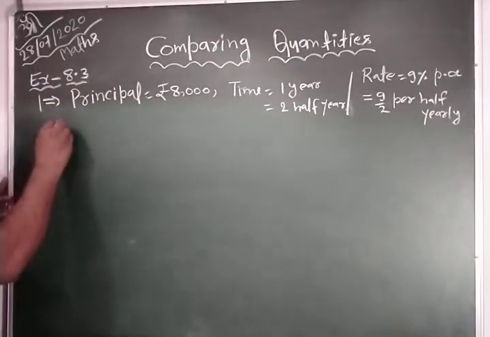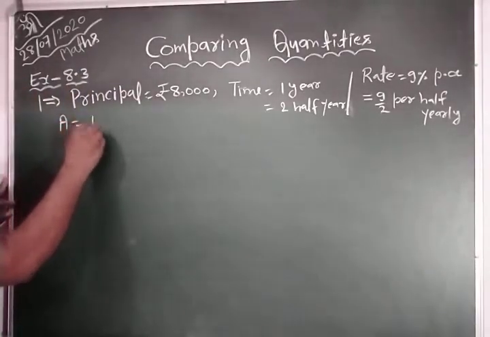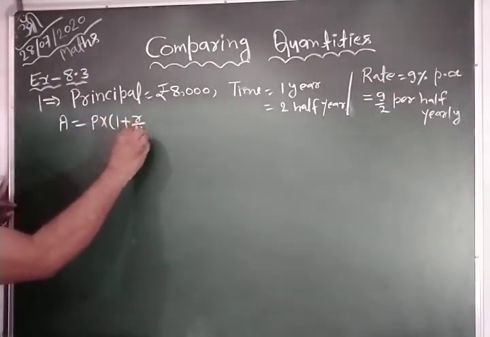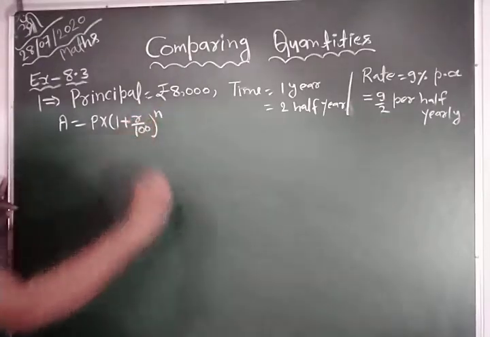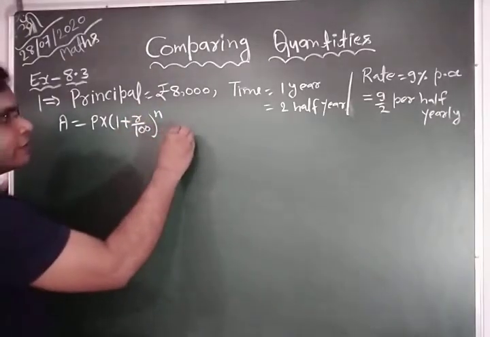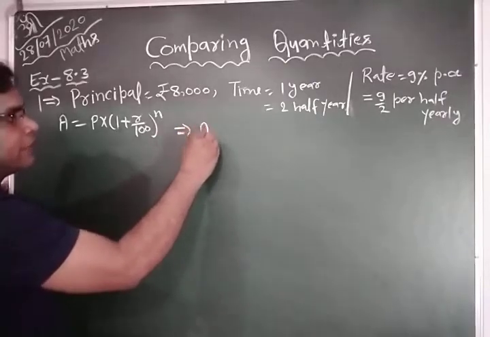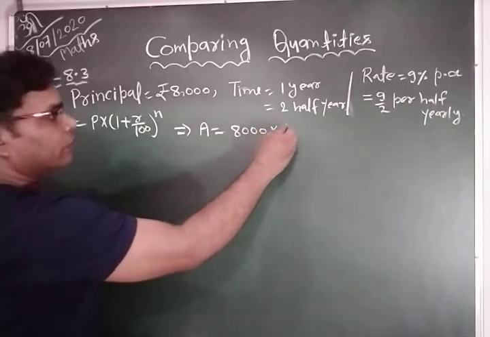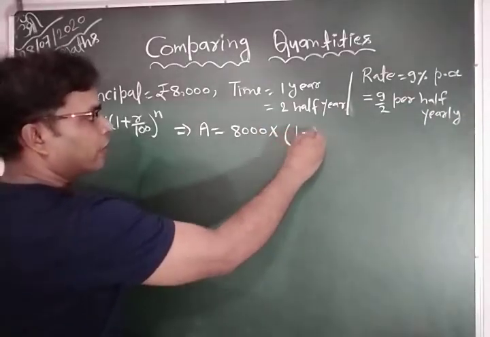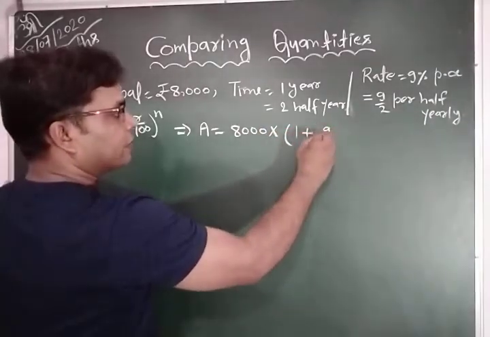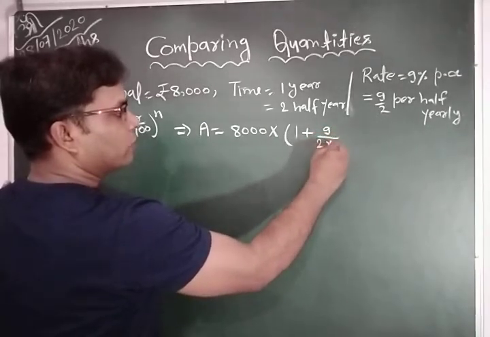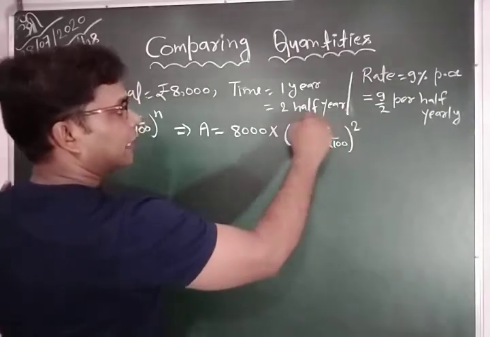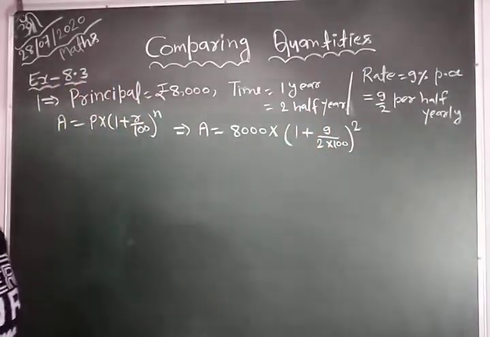A represents amount, which is equal to P into 1 plus R by 100 to the power n. Here the value of P is given, principal is 8,000, into 1 plus rate 9 by 2 by 100, to the power 2, since time is 2. Clear?